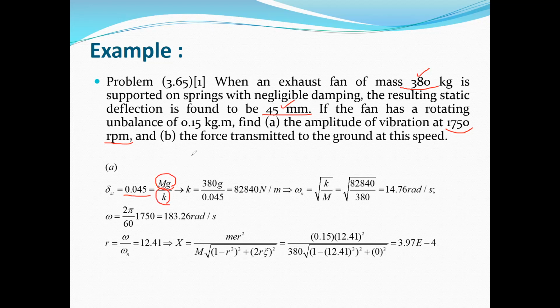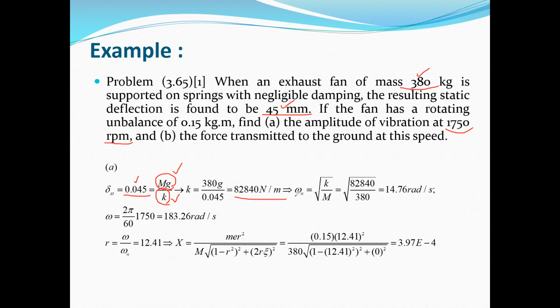Because we know that F is equal to k times x, where x is the deflection, k is the stiffness, and F is the weight when we deal with the static deflection of a system. So from this equation, we can calculate the stiffness of this system, and it's about 82 kilonewton per meter, or 83 kilonewton per meter, in fact.